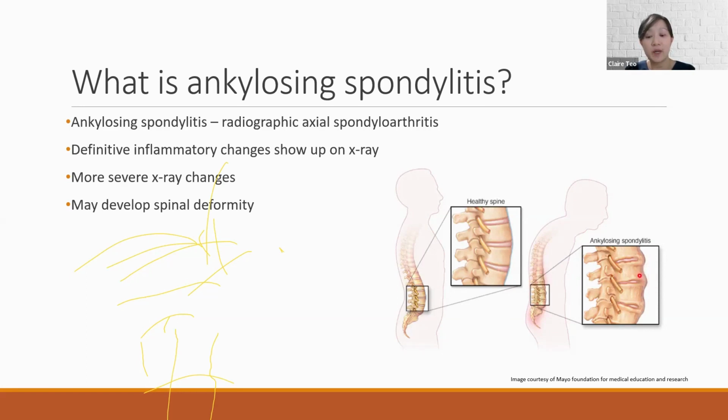Fusion of the different vertebral bones in the spine can flatten the natural curves of the spine, which may result in an inflexible, hunched posture. So generally in ankylosing spondylitis, we will expect there to be more severe X-ray changes, and people affected may develop spinal deformity.